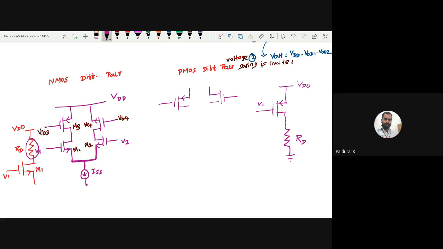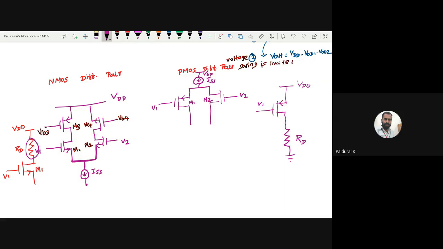So here also you make a short circuit between these two sources. Up here you connect the tail current source ISS. It must be connected to VDD, right? This is my input PMOS pair. V1 and V2.